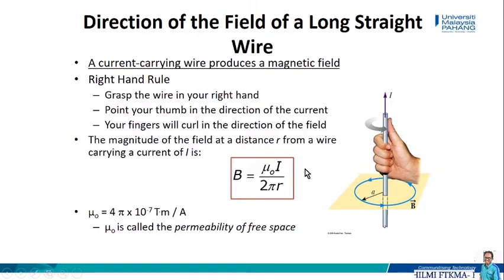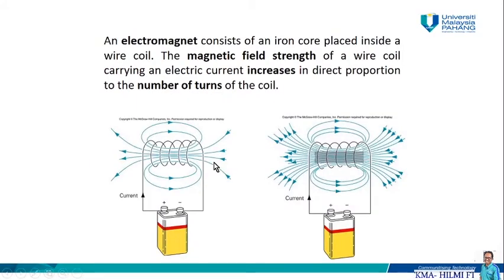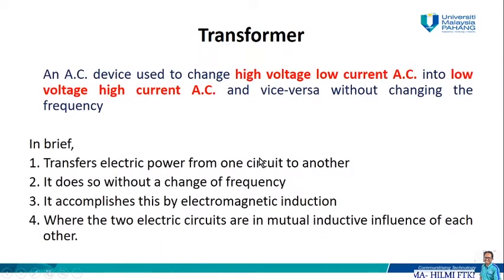The value of mu naught, or mu 0, is 4 pi times 10 to the power of minus 7 Tm/A. An electromagnet consists of an iron core placed inside a wire coil. The magnetic field strength of a wire coil carrying an electric current increases in direct proportion to the number of turns of the coil. We have learned about the electromagnet and how it works.